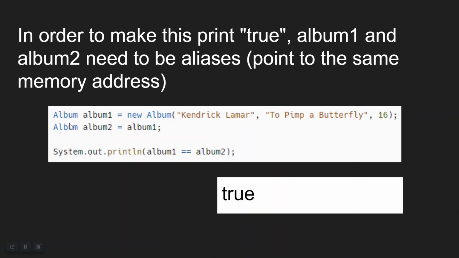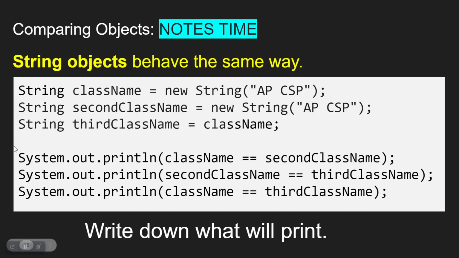Instead of saying album 2 equals new album and, again, assigning it to a different memory location, what I could do is say album 2 equals album 1. So now album 2 is an alias of album 1. And when we print album 1 equals equals album 2, we're going to get a true value that time. All right. And by the way, string objects do behave the same way.